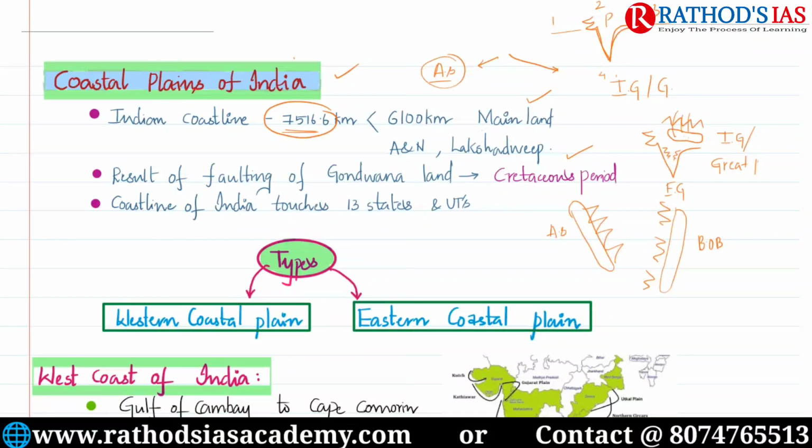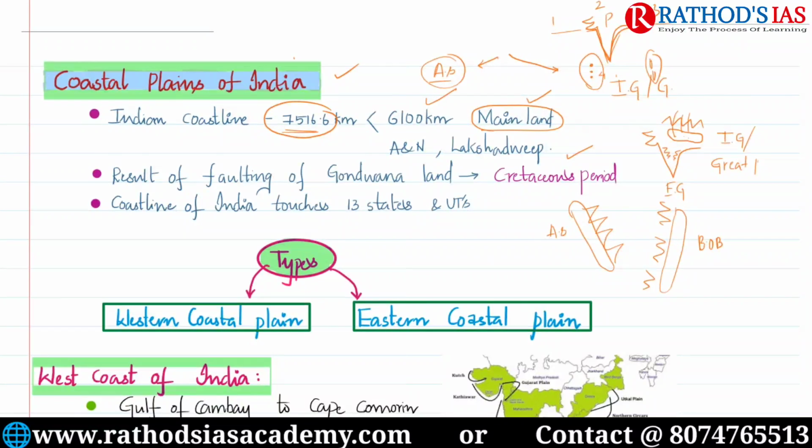But if you are talking about only the mainland India coastline, it is about 6,100 kilometers. If you include Lakshadweep and Andaman and Nicobar, then it will be around 7,516 kilometers.